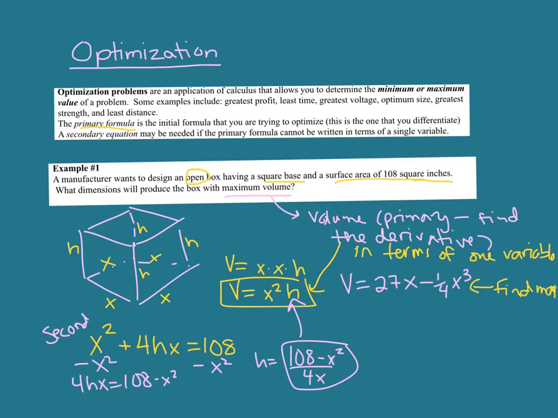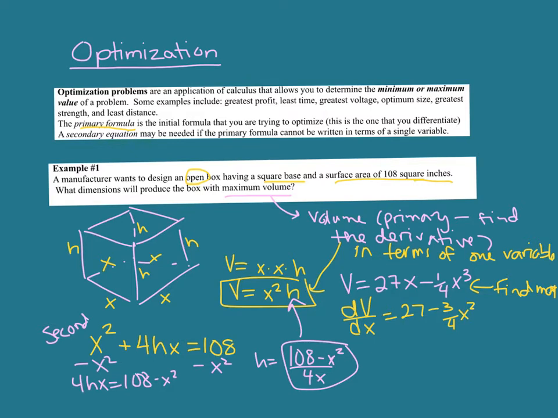So to find the maximum, remember, we are going to find the derivative, and then we set the derivative equal to 0. So I have a V and I have x's, so I'm going to find dV with respect to x. And when I do that, I get 27 minus 3/4 x squared.